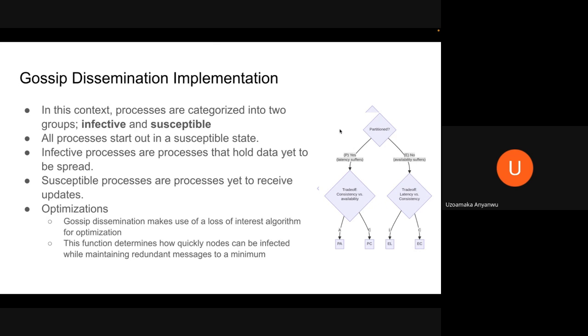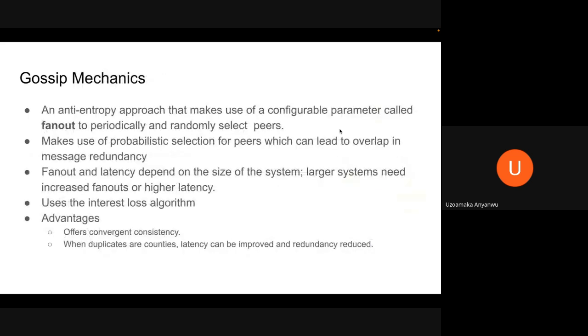Okay, coming back to the next slide. Yes, so we have gossip mechanics. This makes use of a configurable parameter called fan out to periodically select pairs.